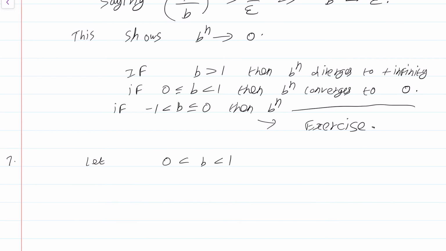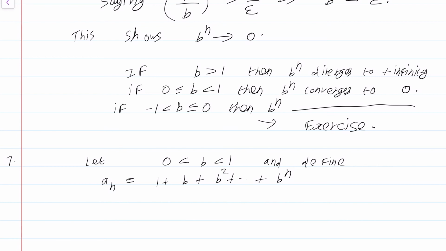Let 0 < b < 1 and define a_n to be 1 + b + b^2 + ... + b^n. Okay, I'm defining the nth term of the sequence to be just 1 + b + b^2 + ... + b^n.